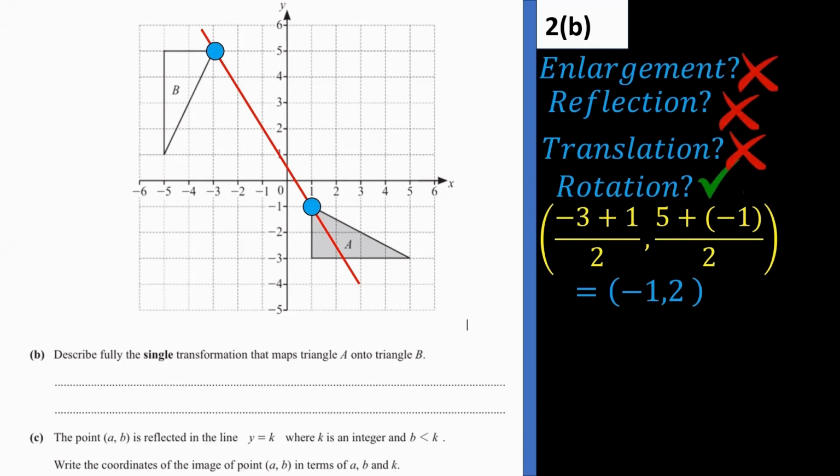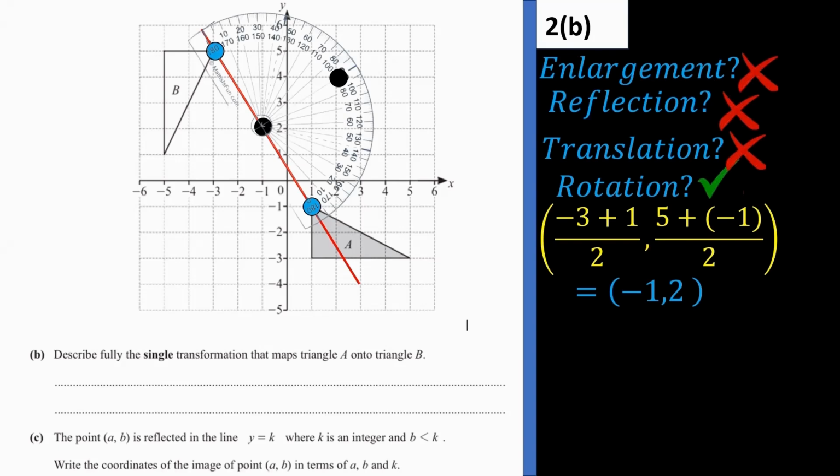This is not the center of rotation, but the center of this red line. I need that center because I'm going to bisect the red line. So I mark the center. I'm teaching the bisection method now. Again, I will use my protractor to get the second point.